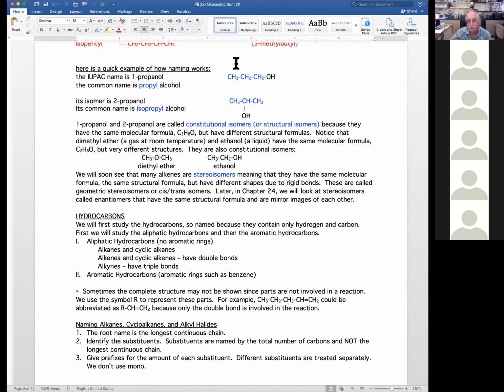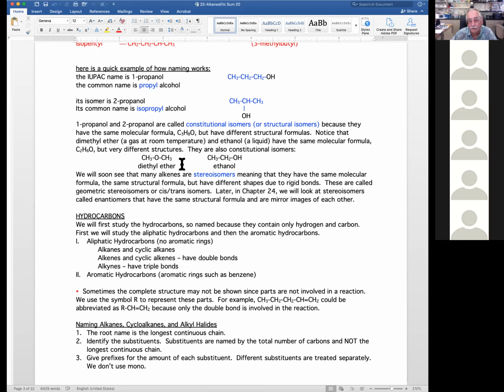So these are called structural isomers or constitutional isomers. If I have that same formula right here, C2H6O, that could either code for diethyl ether or ethanol. Totally different molecules, right?